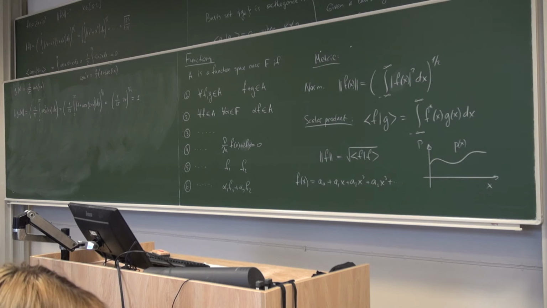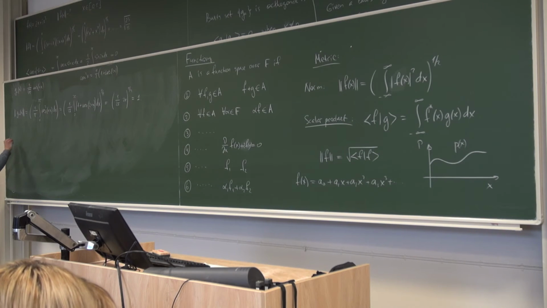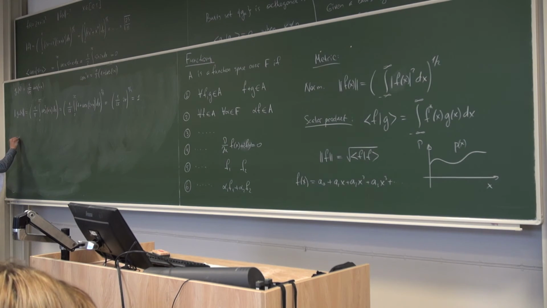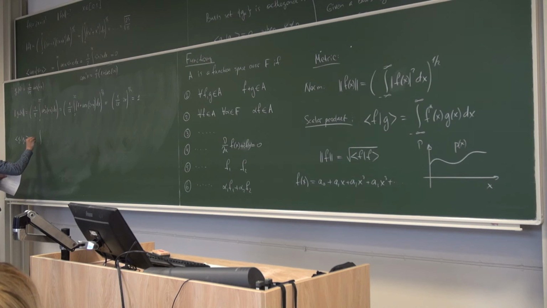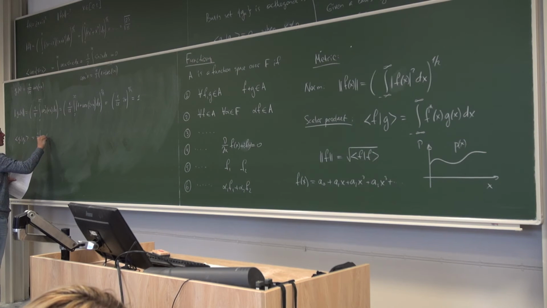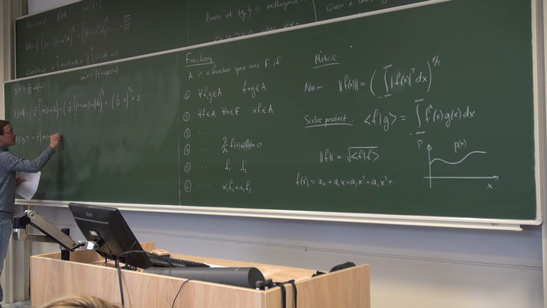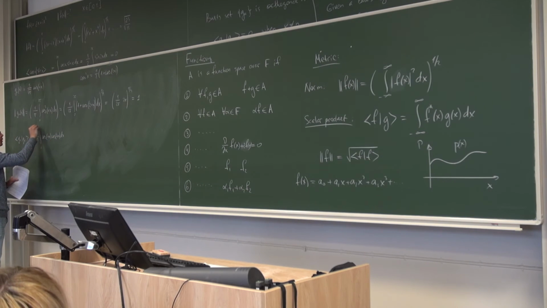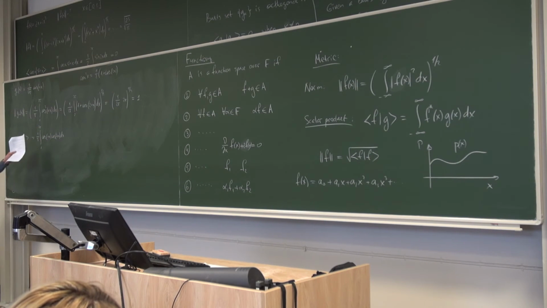Let us now demonstrate that cosines with different values of n are actually orthogonal. The scalar product of gn with gk, where n is not equal to k. This will be an integral, again 1 over pi goes in front, cosine nx, cosine kx dx from 0 to 2 pi.